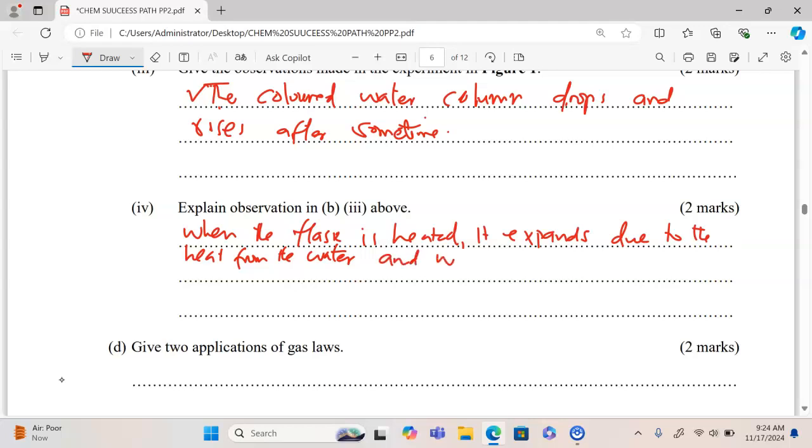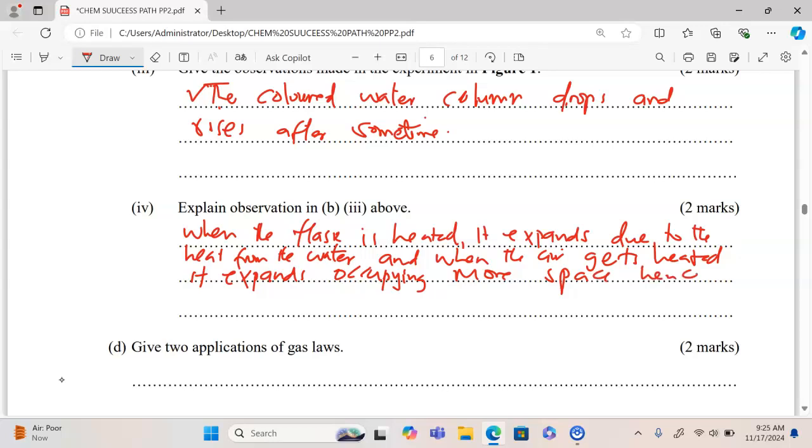And when the air gets heated, it expands, occupying more space, hence pushing the colored water column up.